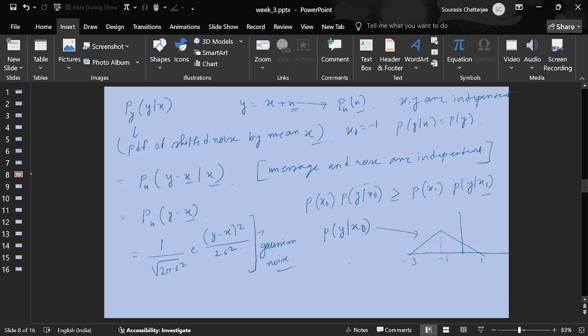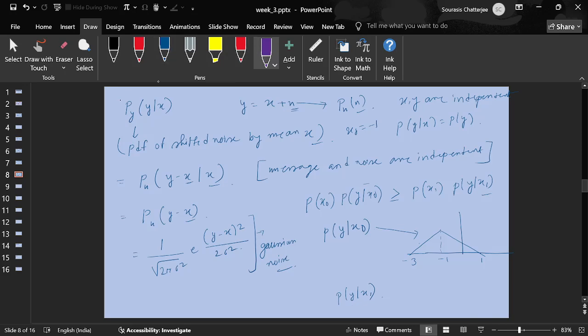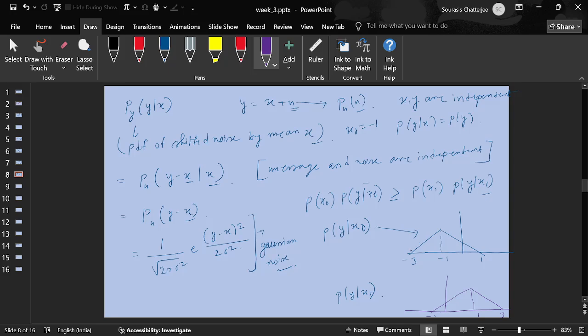So similarly, can you tell me about the likelihood for P of y given x1? I'll draw it with a different color. Which side is it going to be shifted? So x1 is positive, so it will shift to the right. Okay, so now it is going to be something of this sort. It's at 1, -1 here, and 3 here. Fine.